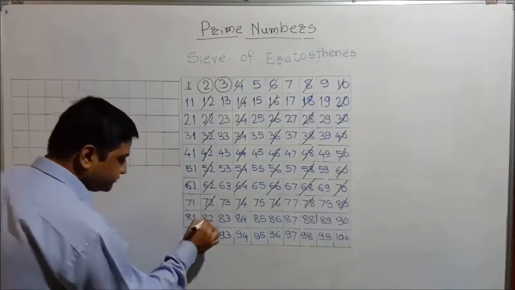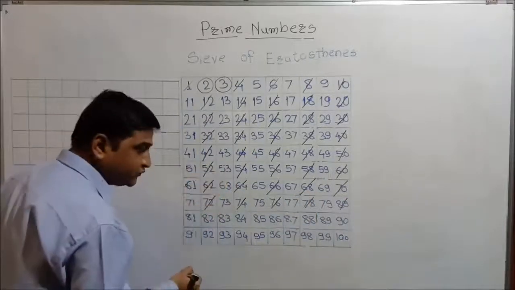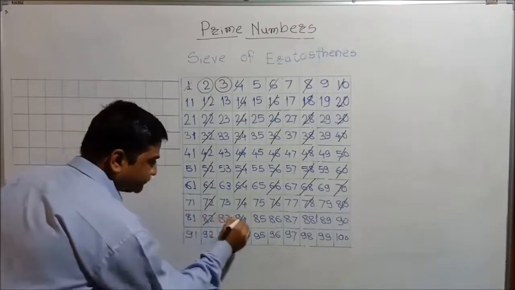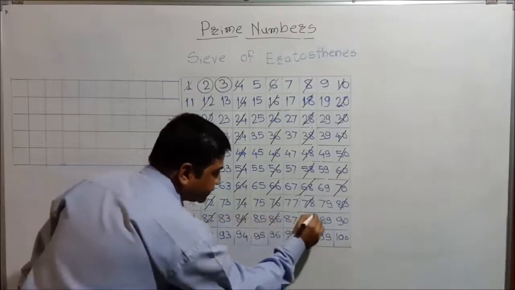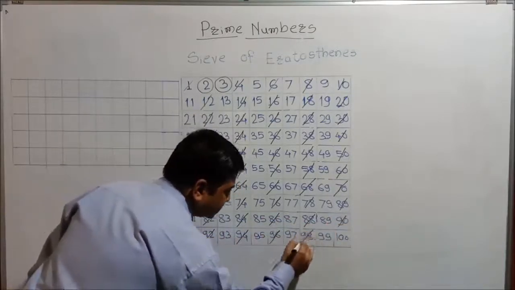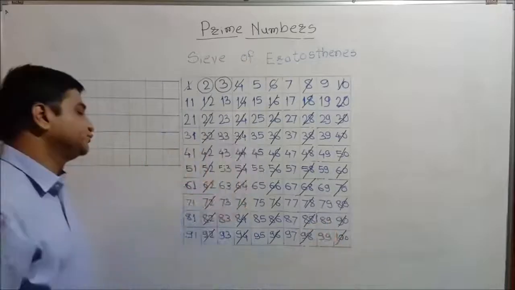All these are composite numbers because they can be divided by 2, so they have a factor other than the number itself. That's why we are removing them. So here I have removed all the even numbers which can be divided by 2.